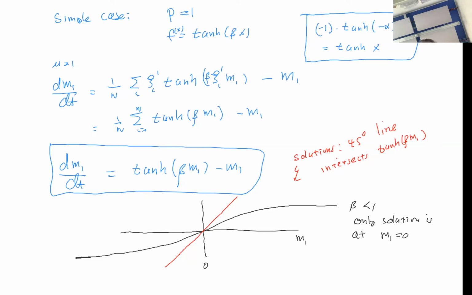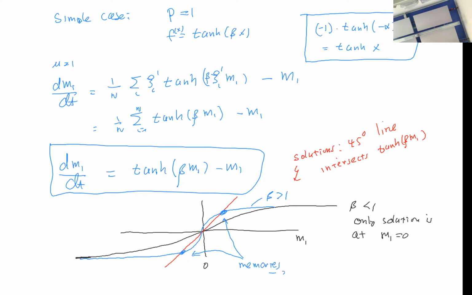However, if you make beta big enough, all you need is beta bigger than 1. So this is beta greater than 1. And now you have these memories.